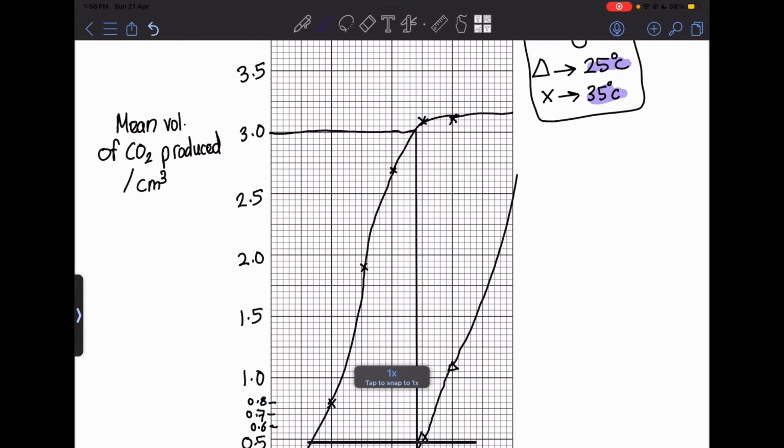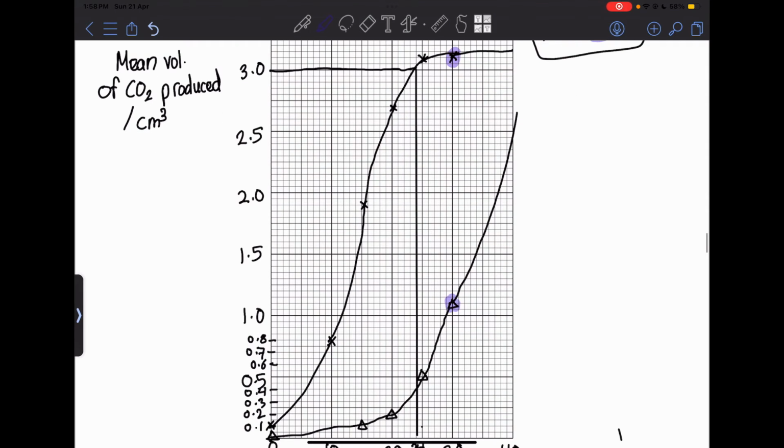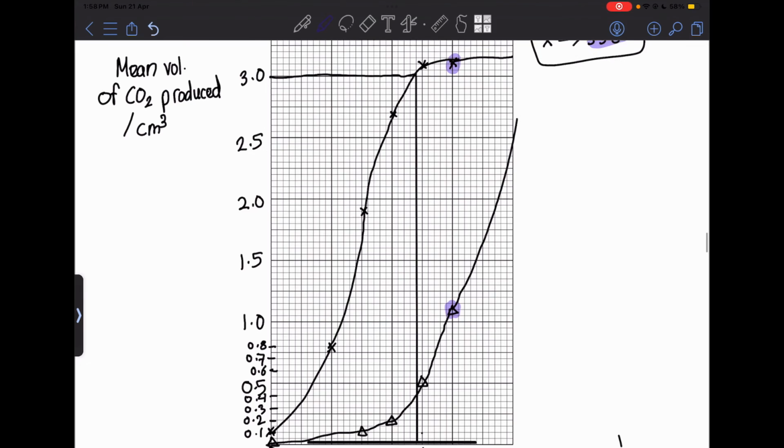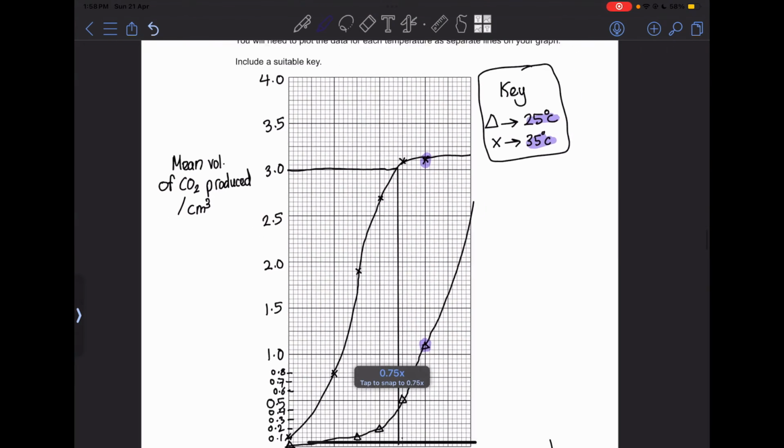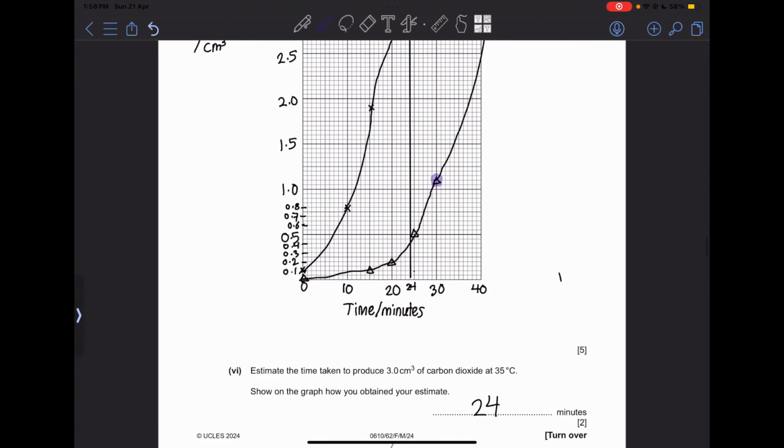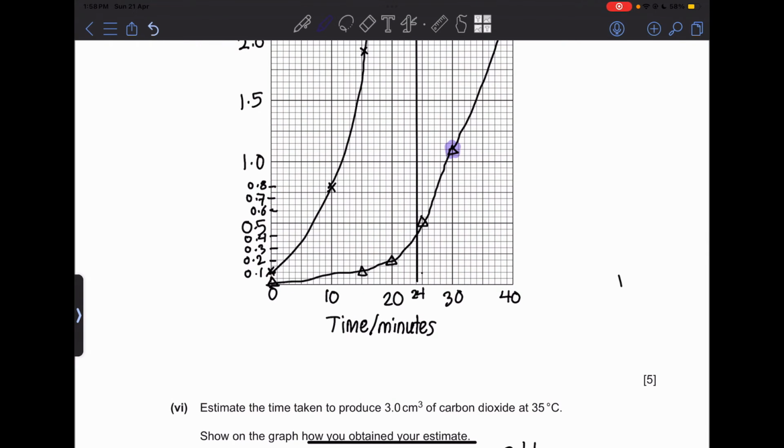Also make sure to continue your lines. Over here, the graph should stop here, and the other one should stop here, but you have to continue the line. Over here, I have labeled my axes. This is the x-axis, it is the time in minutes.